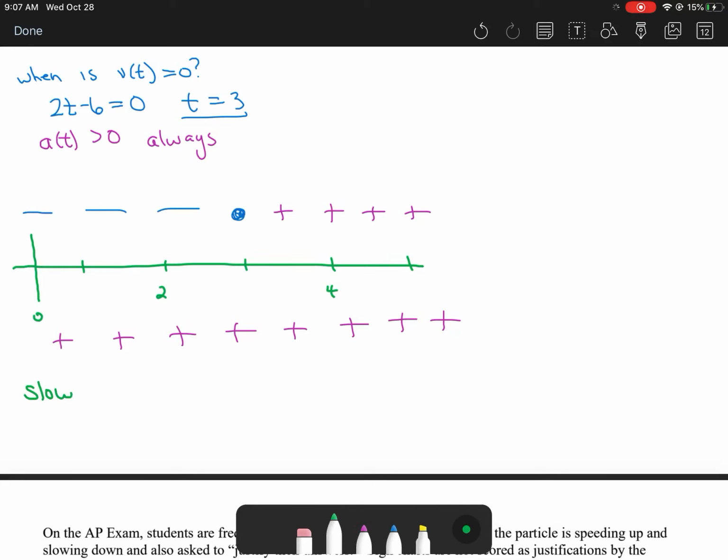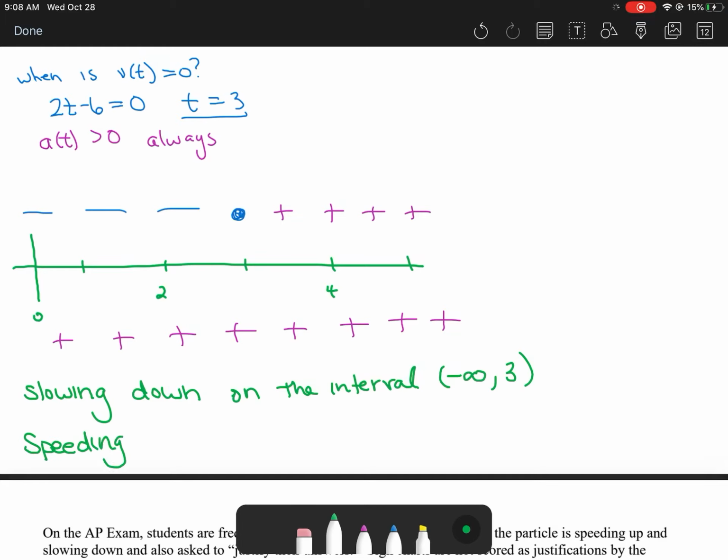So I know it's going to be slowing down on the interval negative infinity to 3, and then it's going to be speeding up on the interval 3 to infinity.